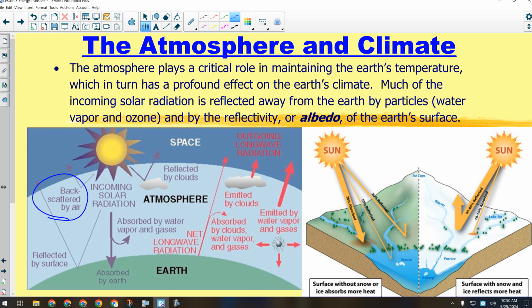That's why the sky is blue. I know somewhere along the way some well-meaning science teacher told you the sky is blue because it reflects the ocean. The ocean is clear. Water is transparent. It is not blue. The ocean is blue because it reflects the sky. It's actually backwards. The sky is blue because it scatters blue light on normal days.